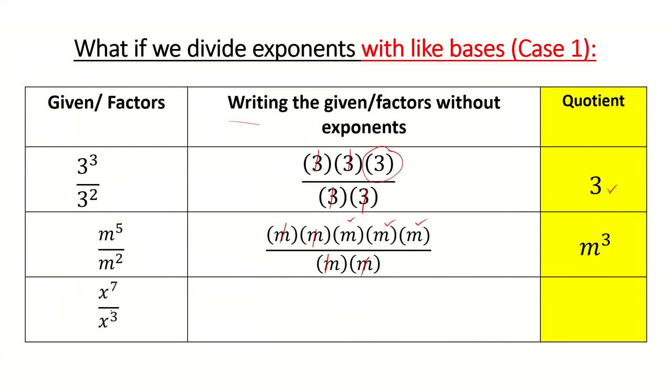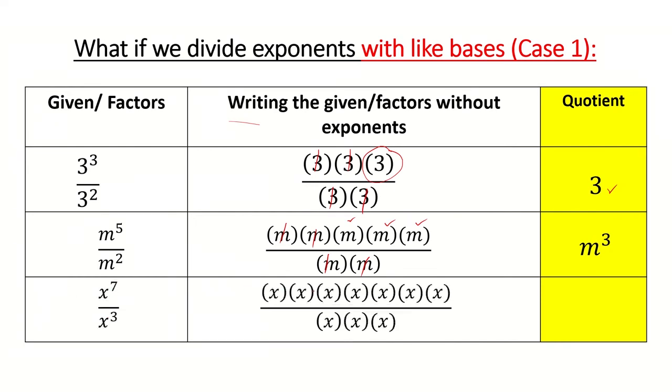And x to the power of 7 over x cubed means 7 x's in the numerator and 3 x's in the denominator. We cancel out one set of x, another set, and another set. What is left is 1, 2, 3, 4. There are 4 x's, so that means x to the power of 4.